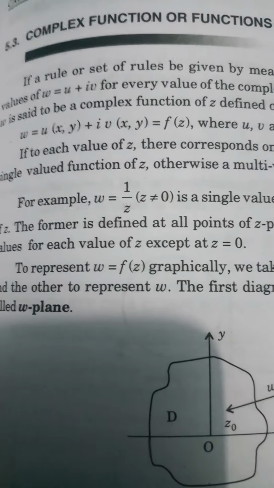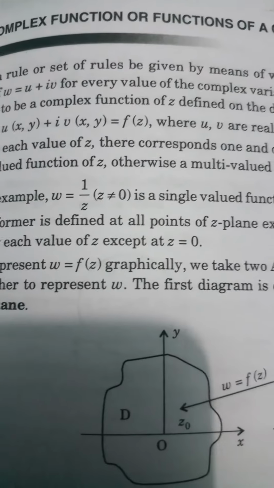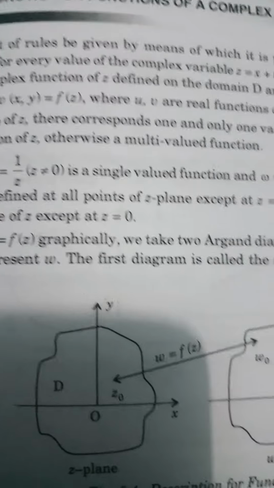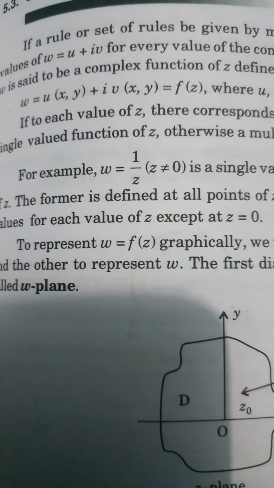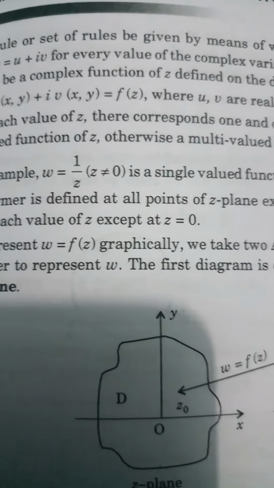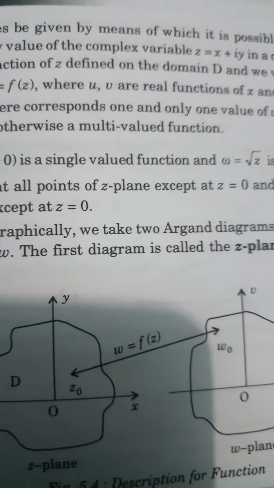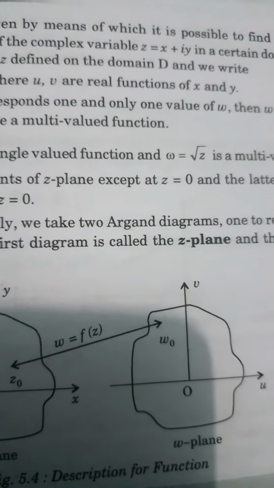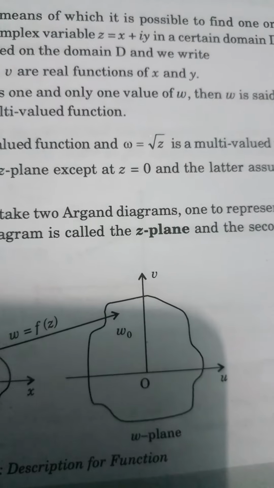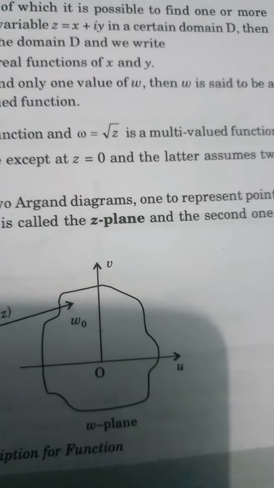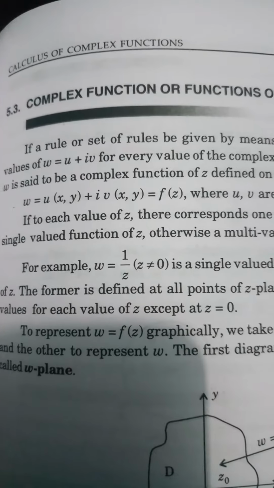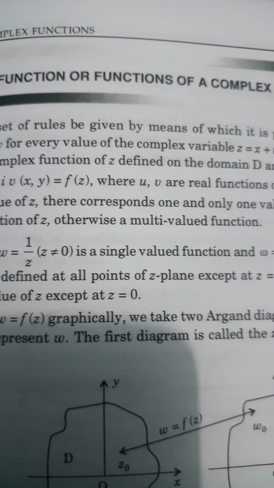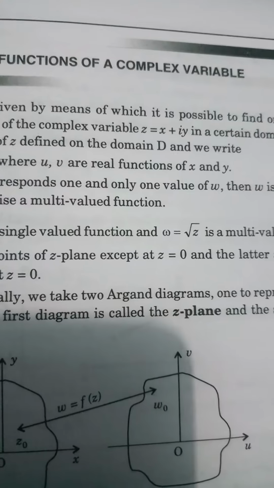If a rule or set of rules be given by means of which it is possible to find one or more values of w equal to u plus iota v for every value of the complex variable z equal to x plus iota y in a certain domain D, then w is said to be a complex function of z defined on the domain D.